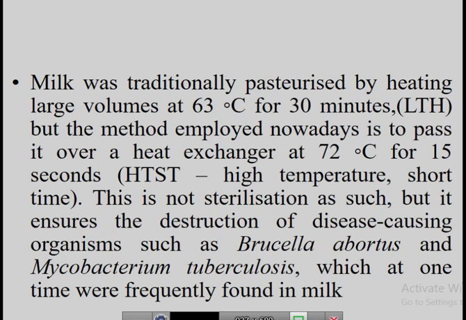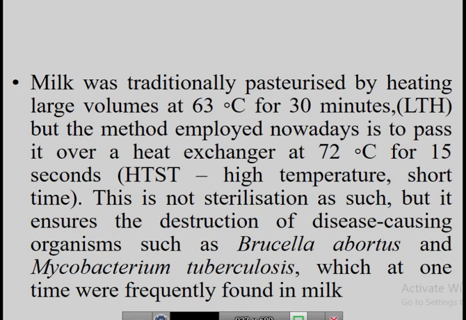High temperature short time means pasteurization carried out at around 72 degrees Celsius for 15 seconds. In the earlier method, low temperature heating, the temperature was lower but the time exposure was longer. Here the temperature has been increased and the time exposure reduced, 72 degrees Celsius for 15 seconds.